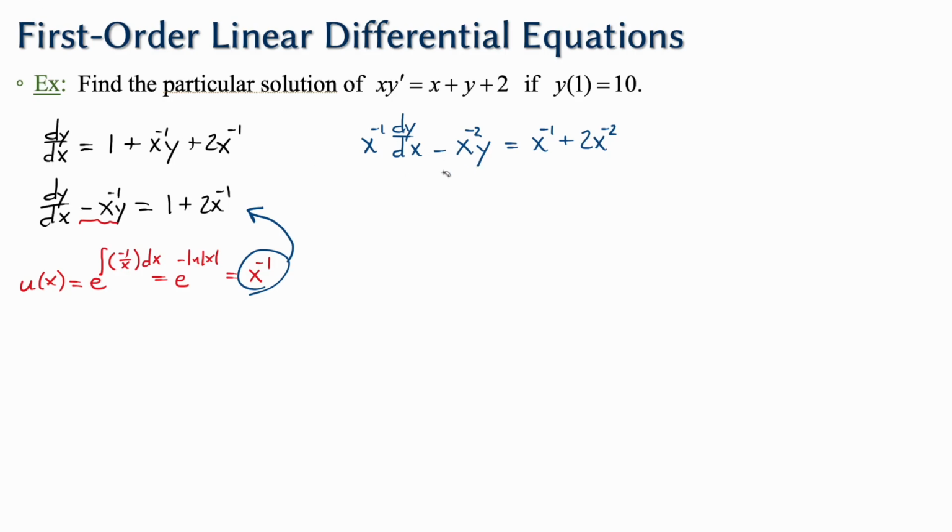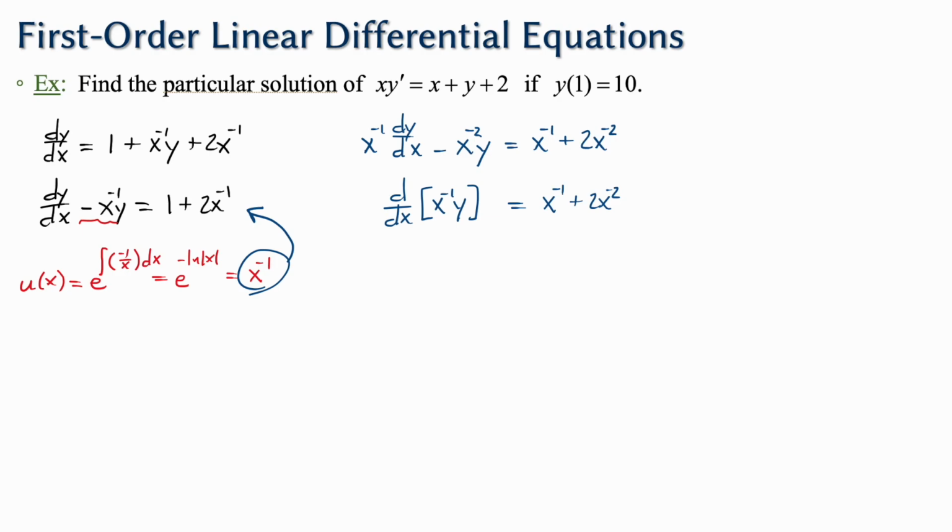So it looks like this left side is the product rule between x to the negative first and y. And again, that makes sense because this right here is the derivative of x to the negative first. So that means this left side really is the derivative of the product of x to the negative first and y. On the other side, obviously, we'll just keep this as that expression. So I'm going to write equals x to the negative first plus 2x to the negative 2.